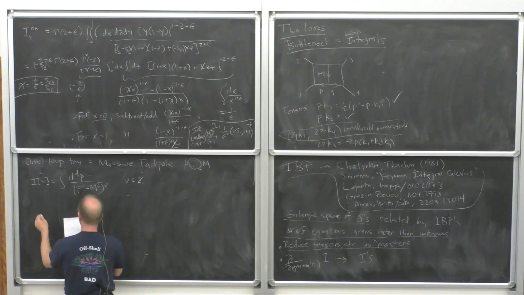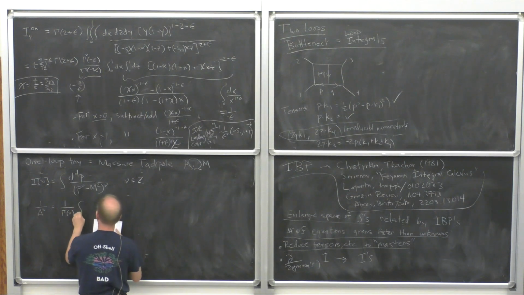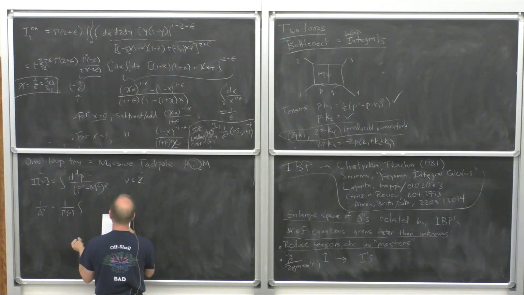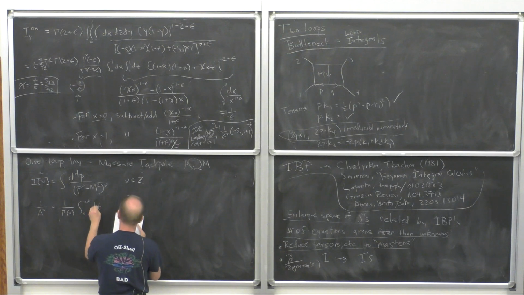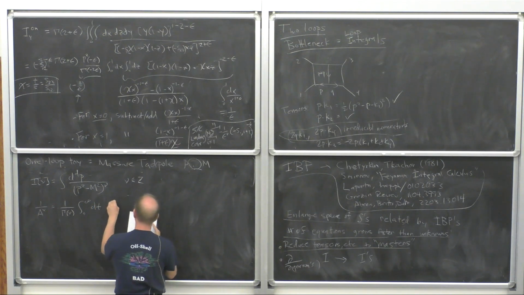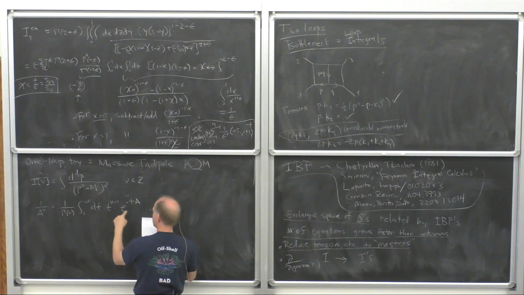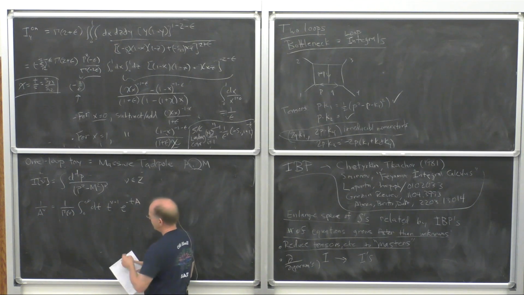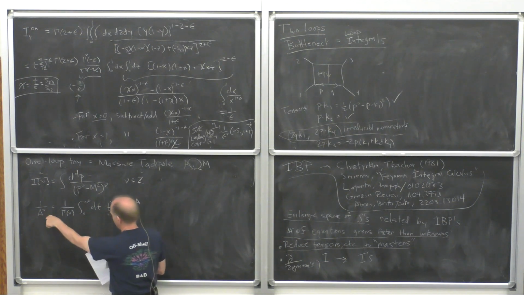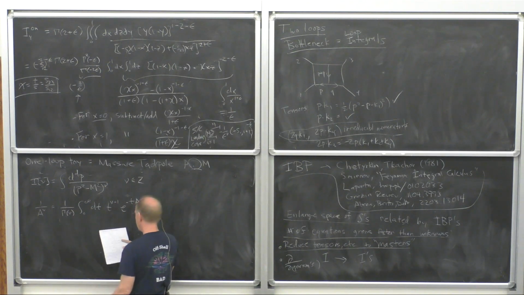Now in this case, we can use the relation that if we have 1 over something to the nu power, we can write it in a slight generalization of the Schwinger parametrization formula we saw earlier as e to the minus t times this, but now we need a t to the nu minus 1. And when you do this integral, you get 1 over a to the nu, but you also get a gamma of nu, and so you need to divide through by that factor.